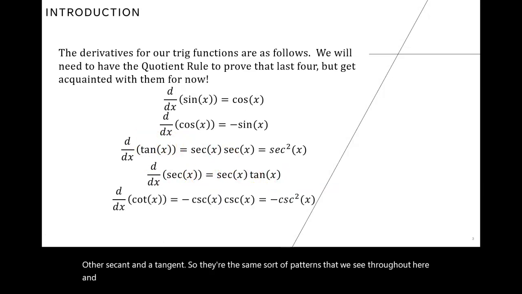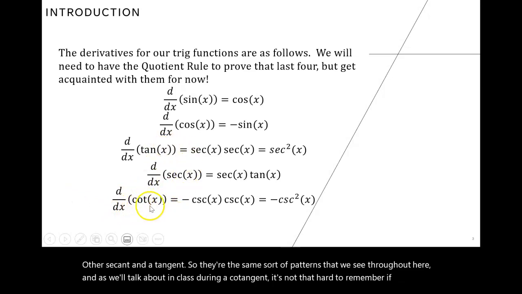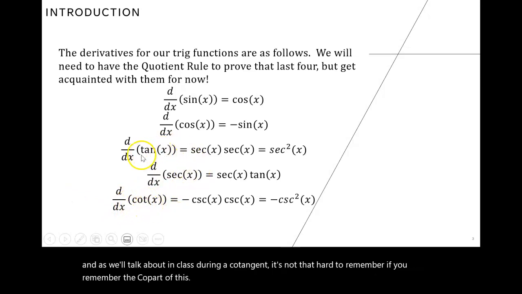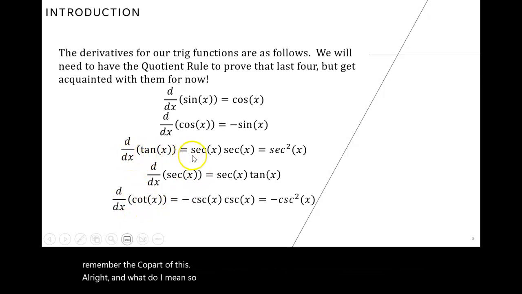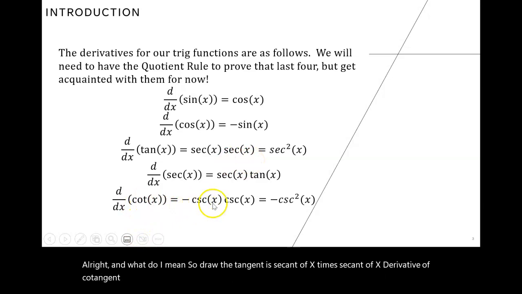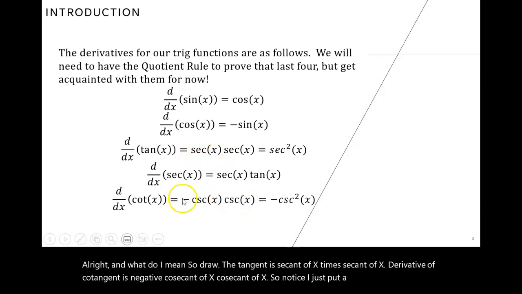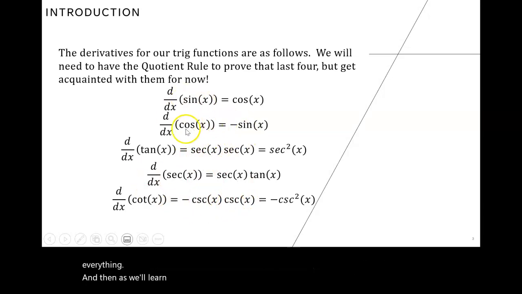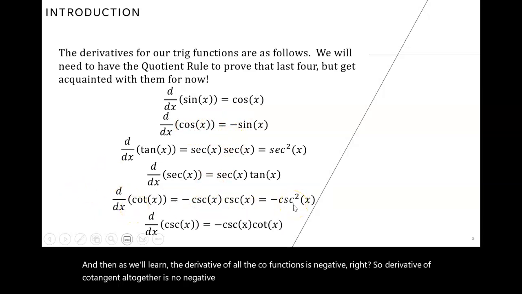As we'll talk about in class, the derivative of cotangent is not that hard to remember if you remember the co part. The derivative of tangent is secant of x times secant of x. The derivative of cotangent is negative cosecant of x times cosecant of x. Notice I just put a co in front of everything, and as we'll learn, the derivative of all the co-functions is negative. So the derivative of cotangent is negative cosecant squared of x. The derivative of cosecant of x is negative cosecant of x cotangent of x.